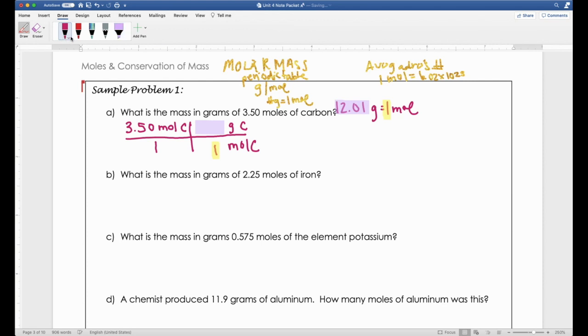And that's because 12.01 grams is equivalent to 1 mole. So notice how I have those next to the correct units as well. 12.01 grams is equal to 1 mole. And of course, you could cross out your units that way.